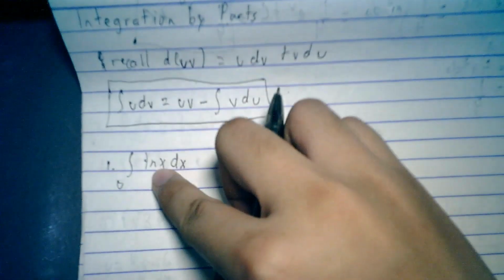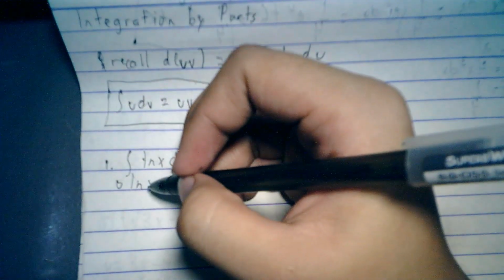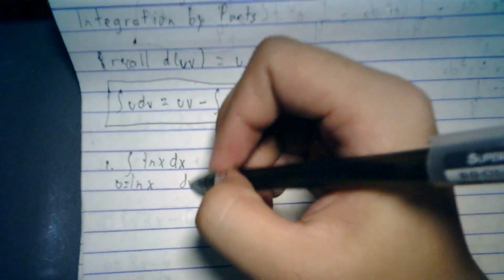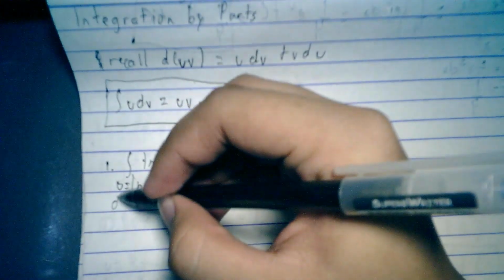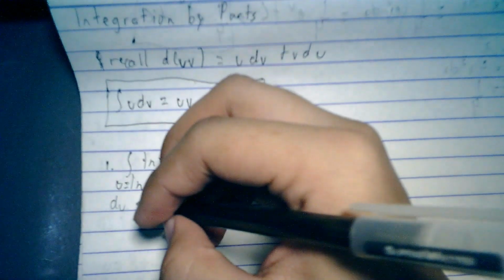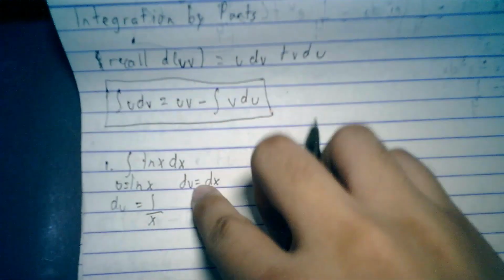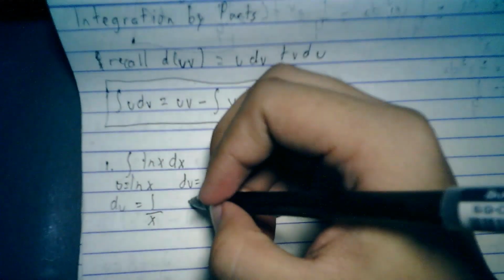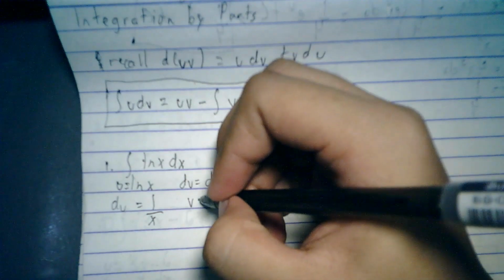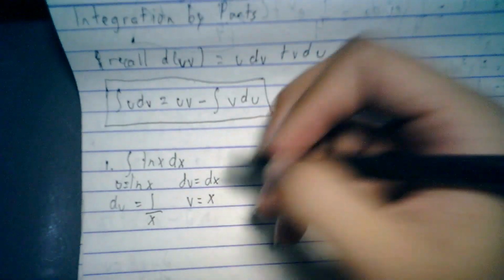U here is ln x, and our dv here is dx. So the du of ln x is equal to 1 over x dx, while the integral of dx is just equal to x.